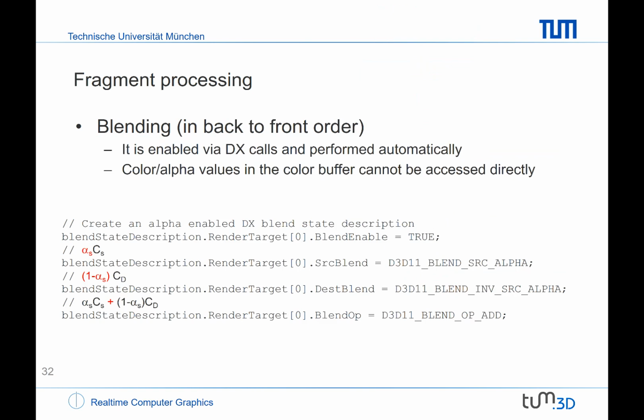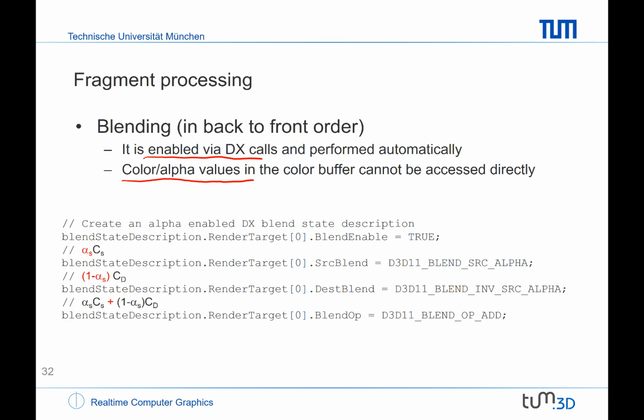Also, a little bit about how we can control that blend stage. It is enabled via DX calls and performed automatically. Again, color and alpha values in the color buffer cannot be accessed directly, so we cannot read them out in a shader program and do something with them. Here's how you can control what should be performed in that blend stage.